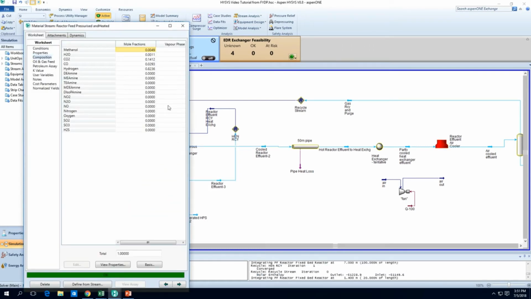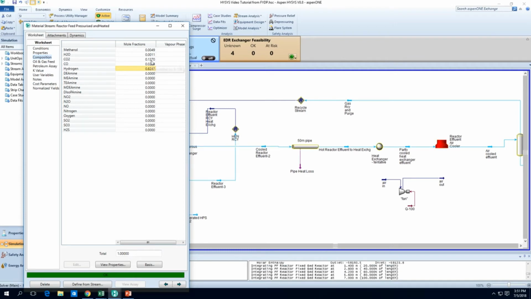As you can see, these recycle operations are pretty time consuming. So if you want to converge it faster, you have to find as many tips and tricks to tweak your simulation while it is converging, so that we can reach the convergence point a lot faster.